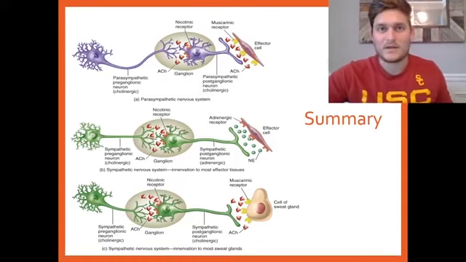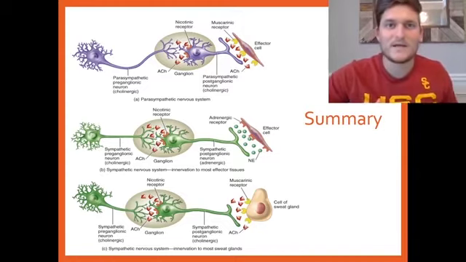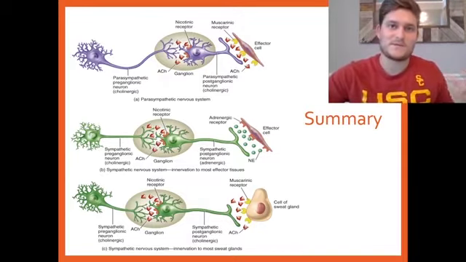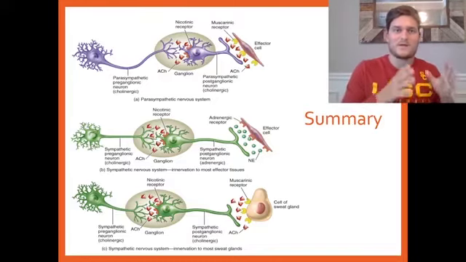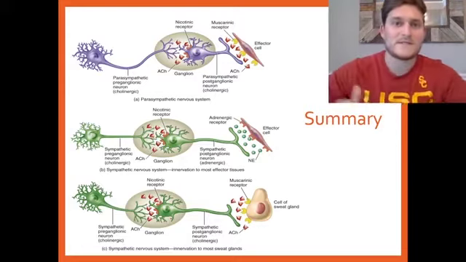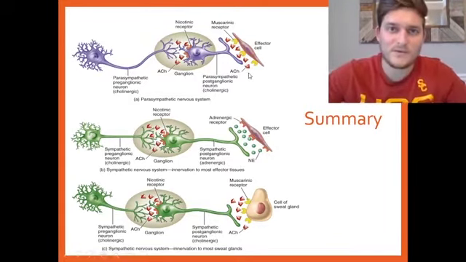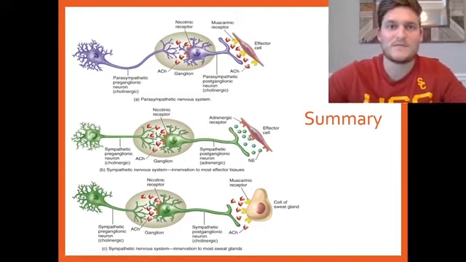So in places like the heart, if parasympathetic activation is upregulated and acetylcholine binds to these cholinergic receptors, that's going to be a slower heart rate. In a place like the stomach or the digestive organs, if acetylcholine binds to those receptors, it's going to increase digestion and increase the activity of those cells.